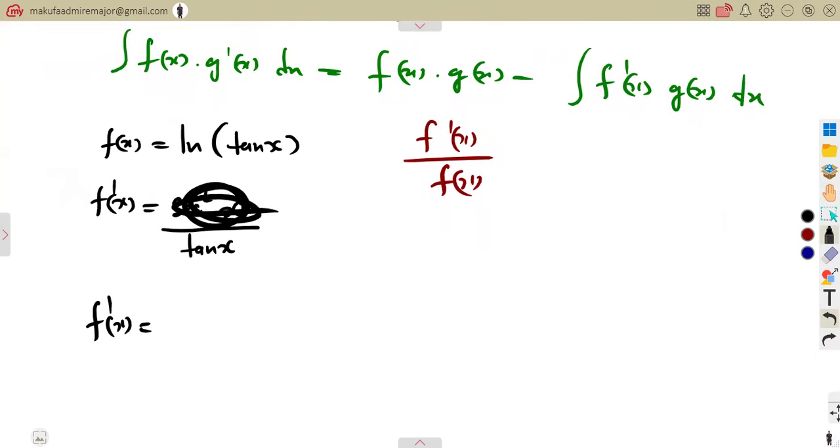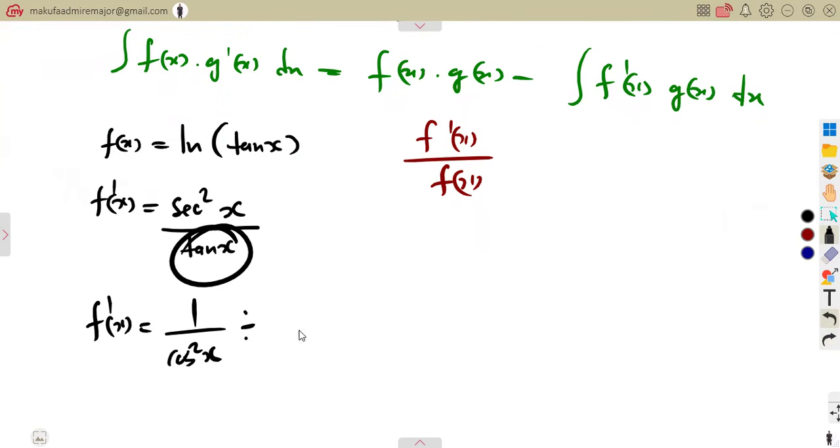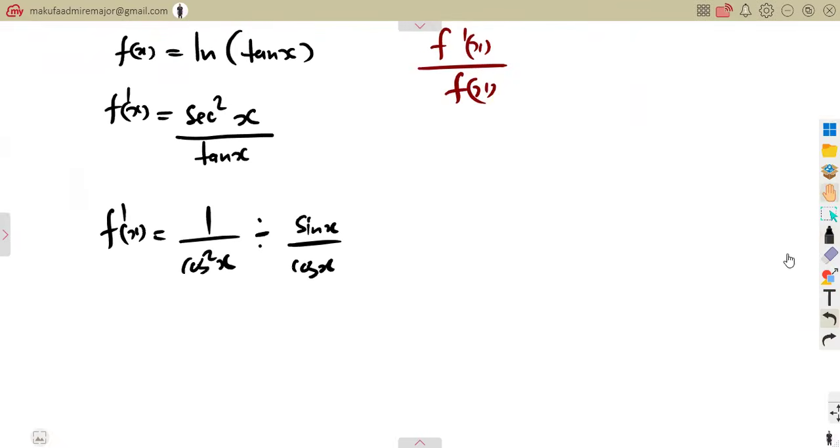Remember sec squared, sec is taken from cos, 1 over cos. So sec squared is 1 over cos squared x divided by tan x. And we understand that the tan of x is the sine of x over the cos of x. So this can be simplified into something that is reasonable.